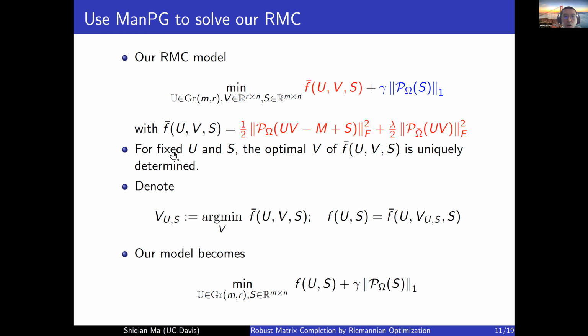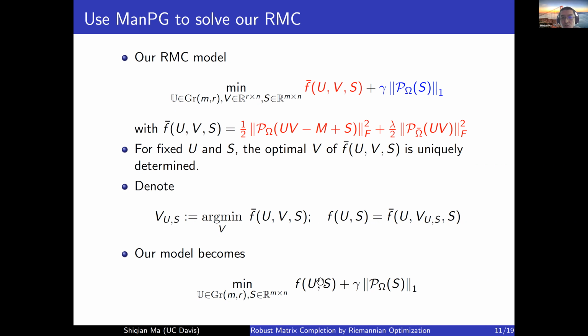We notice that for fixed U and S, the optimal V is uniquely determined. So if we can represent this solution V as a function of U and S, and plug that back into this objective function, we get an objective function which only has 2 block variables, U and S. Then we can reduce this model in this way.